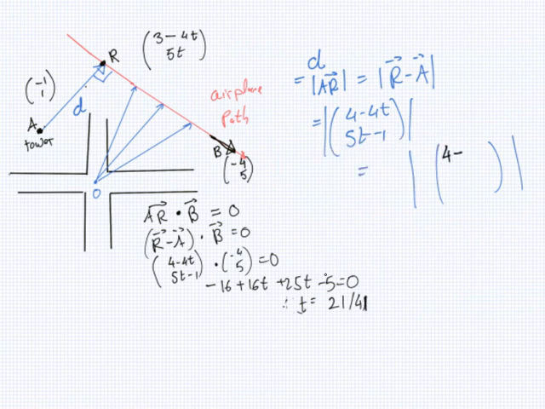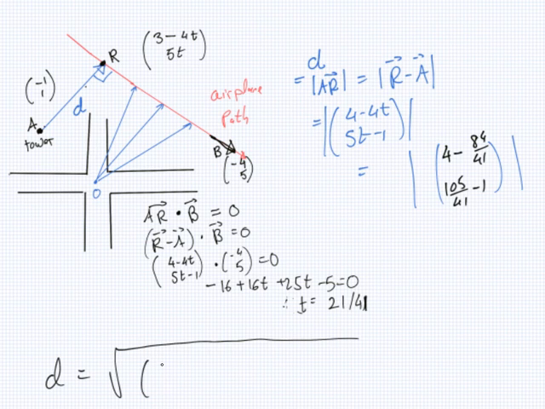Now that's 84 over 41. And then this is 5t, that's 105 over 41 minus 1. Whatever that is. So the answer will be square root of 4 minus 84 over 41 squared plus 105 over 41 minus 1 squared. That's the shortest distance. It should be quite small enough.